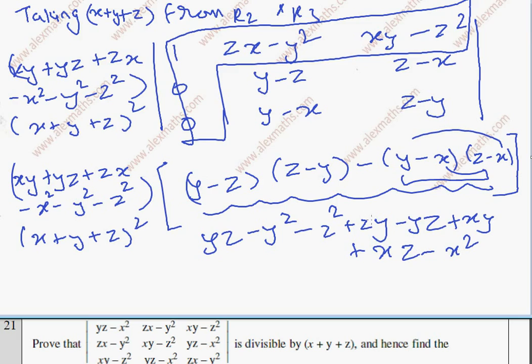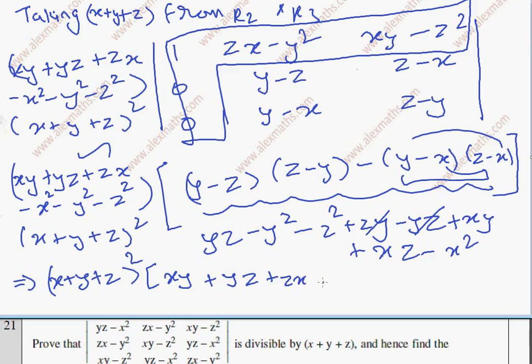Finally we can cancel these two. So once again I am getting a similar term to this. So the final answer is x plus y plus z whole square into xy plus yz plus zx minus x square minus y square minus z square whole square we got.